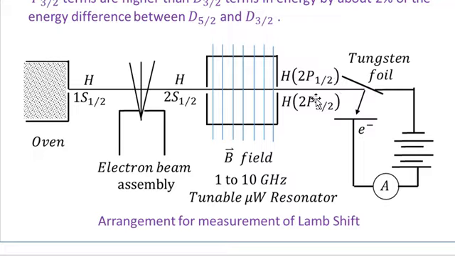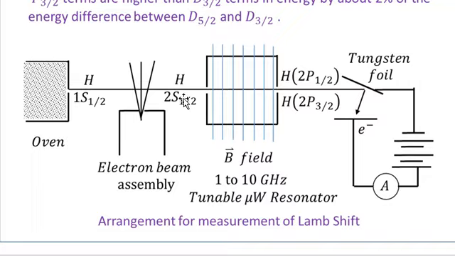So for example, if we talk about the 2p1/2 level, the energy of the 2p1/2 level can be measured very precisely using the tunable range of the microwave and also the magnetic field. Due to the precise tuning of the magnetic field, the energy level of 2p1/2 can be calculated.